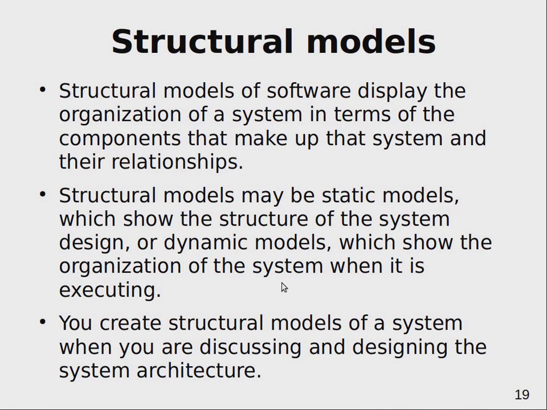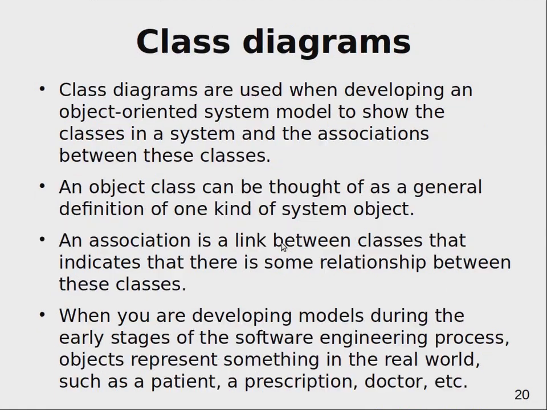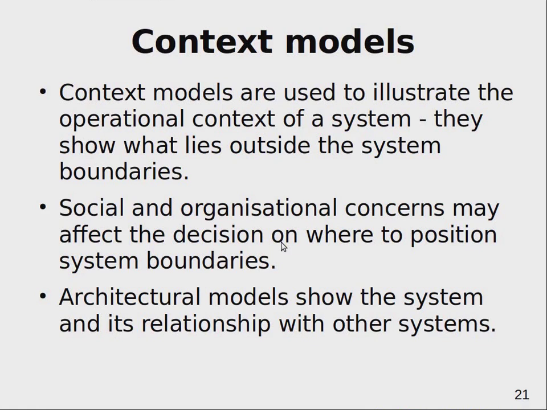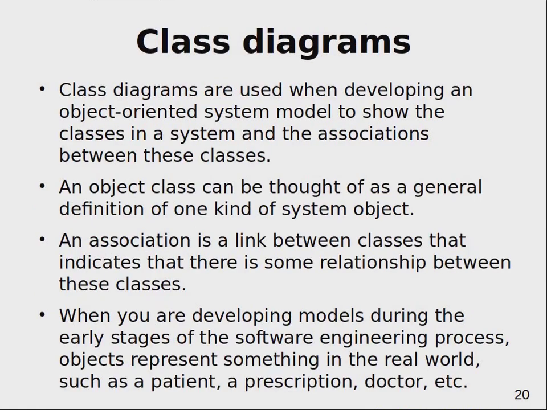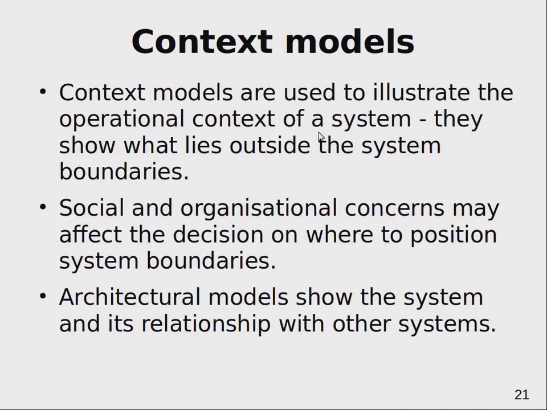Now about structural models. A structural model shows things that don't change over time, and the most widely used in UML is the class diagram. A class diagram may also be put in a so-called context model, which shows something around your system. I will not go into more detail about this.